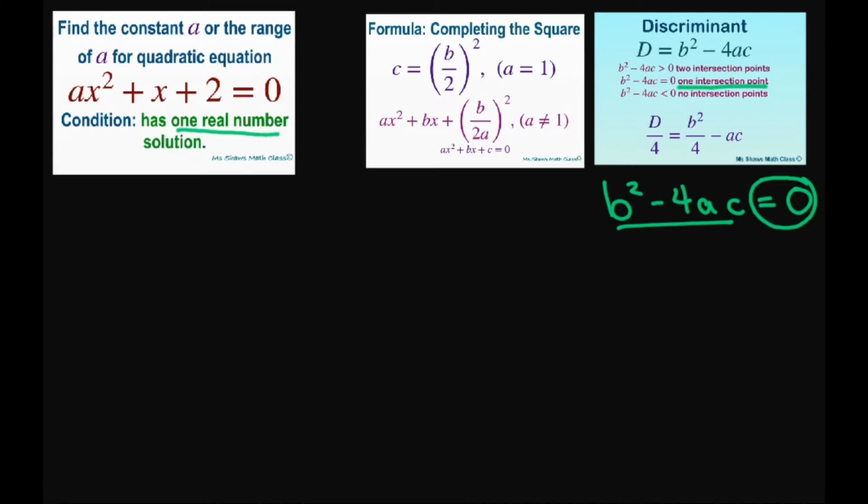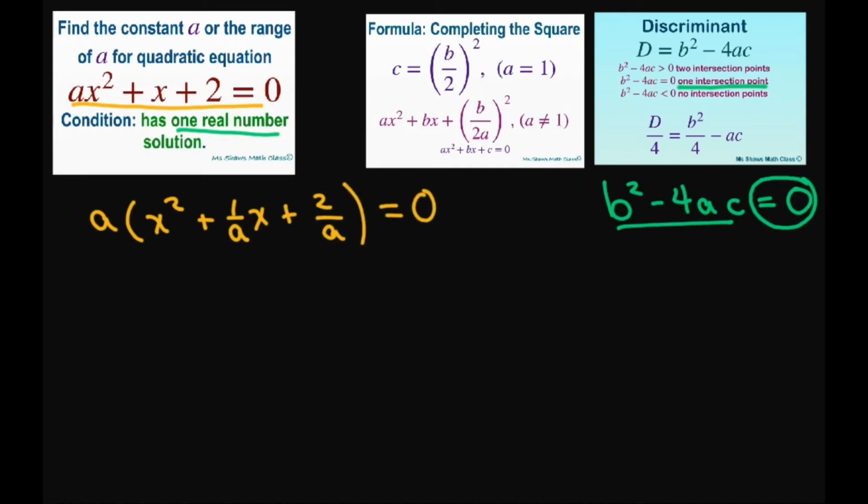So what I mean is, let's first take our quadratic equation and factor out an a. If I factor out an a, I'm going to get x squared plus 1 divided by a times x, plus 2 divided by a equals 0.